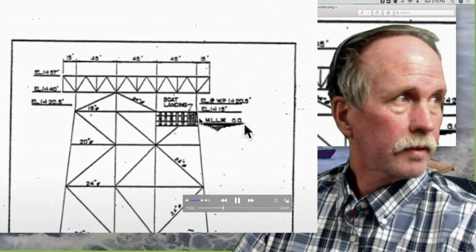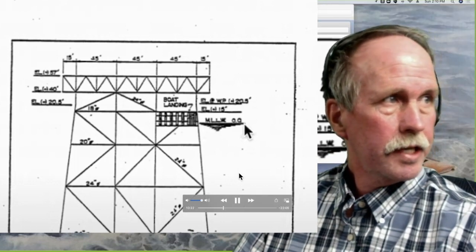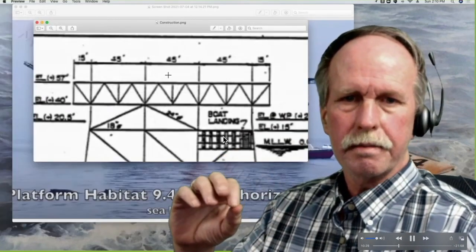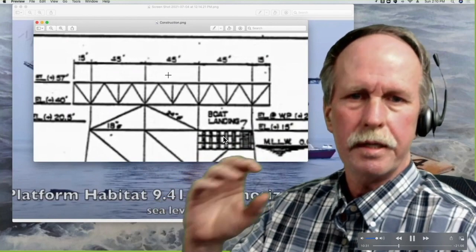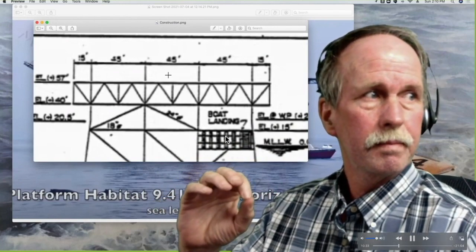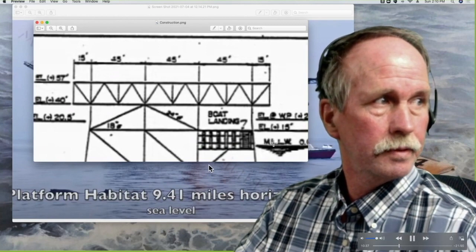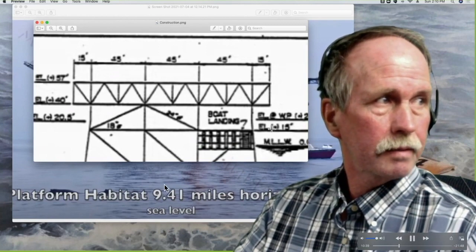Now, the reason I want to bring this up is that this is the basic outline of the construction of all of the platforms in that oil field. Okay? So here is sea level. Here's the boat dock.